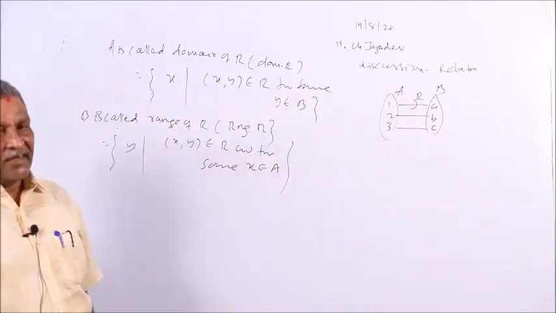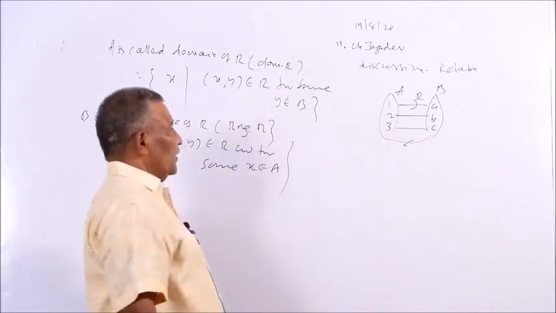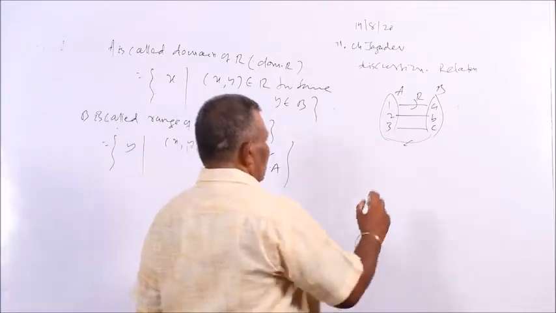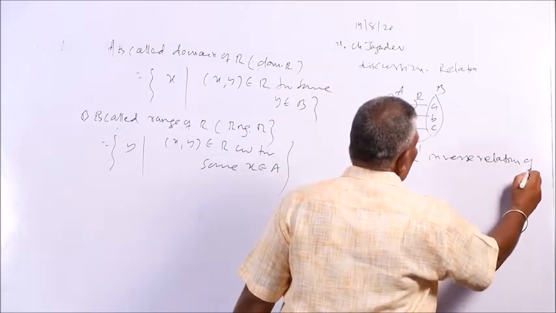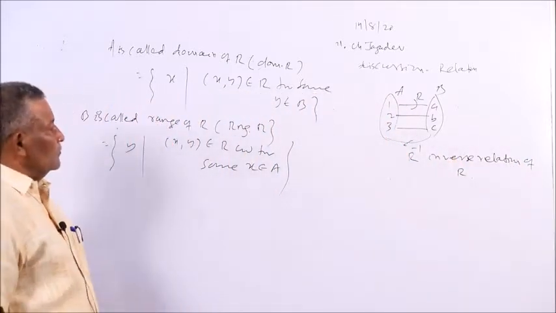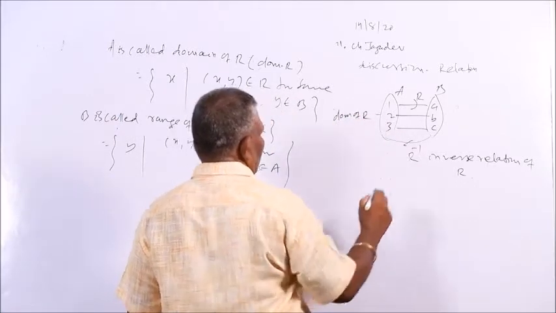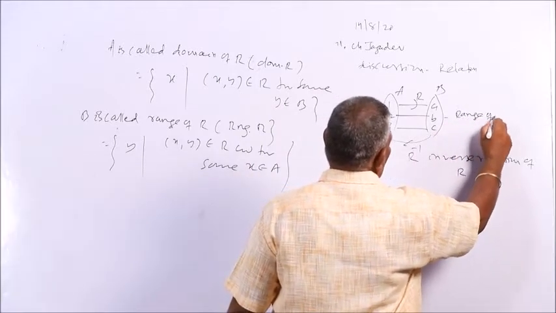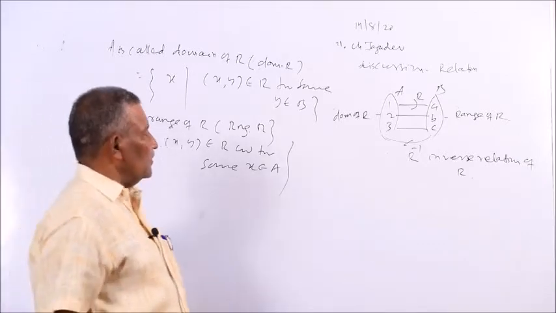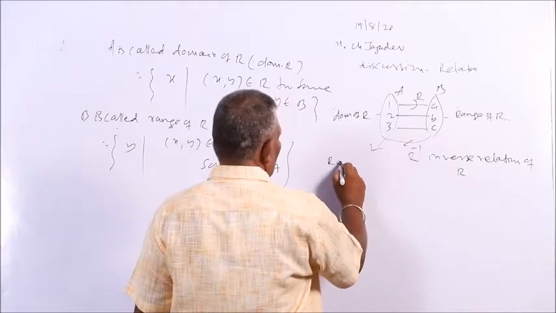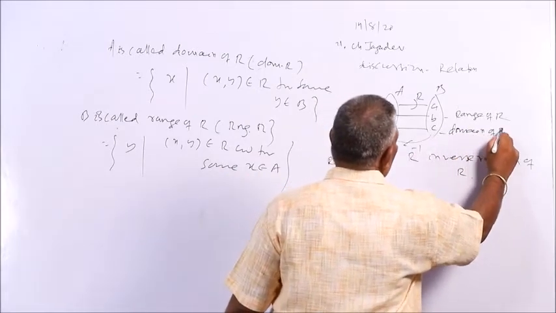Now the question comes whether there exists a relation from the reverse side, that is from B to A. If we can define a relation from B to A, then it is called R inverse, the inverse relation of R. Here A is called domain of R, B is called range of R. While we are considering the inverse relation, it will be automatically reversed, that is domain of R equals range of R inverse, range of R equals domain of R inverse.